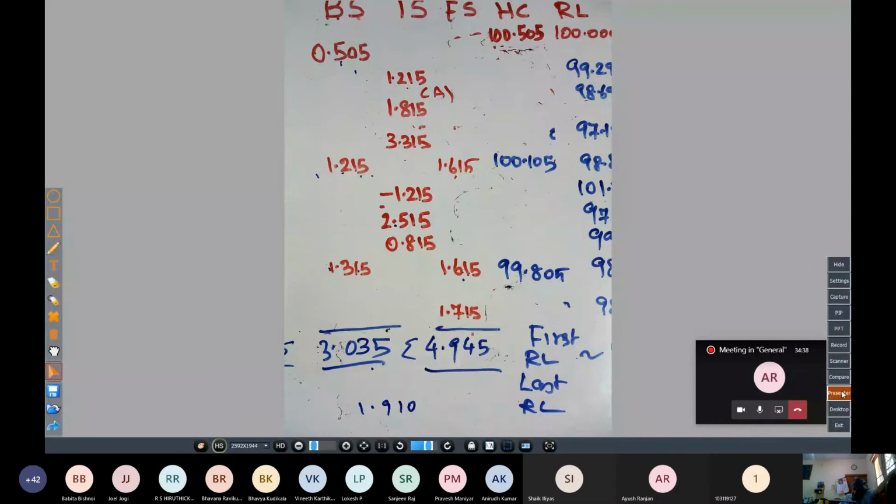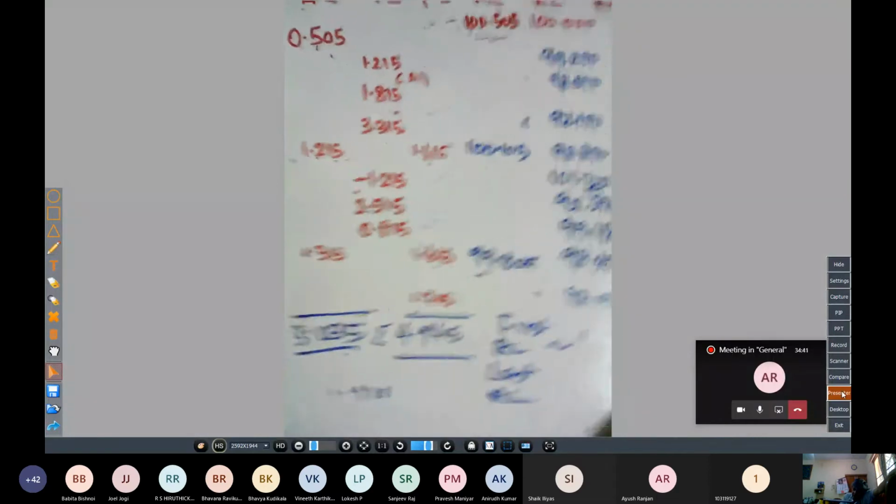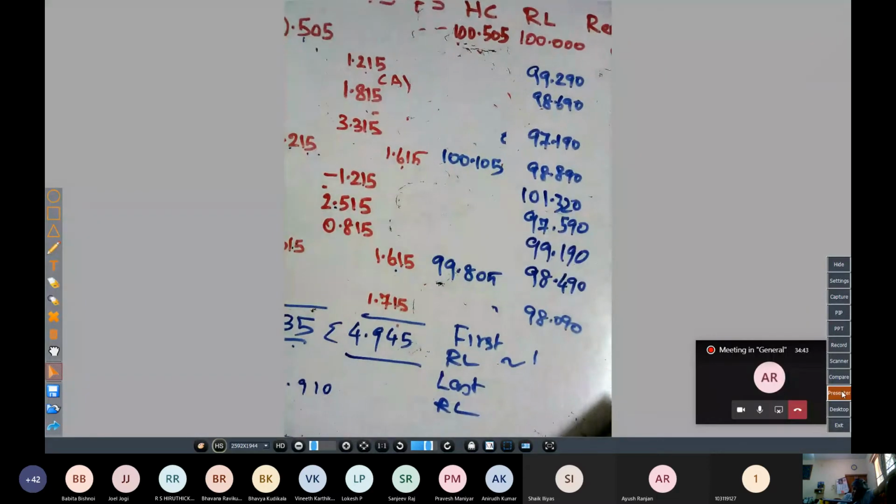What is the first RL? 100, isn't it? First RL is 100. The last RL is 98.090. What is the difference, boys? Calculate and tell me. 1.910. What is the difference between sigma BS and sigma FS?